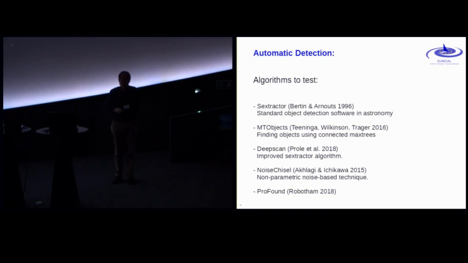It's an algorithm where they have several thresholds, and they use all the thresholds to find objects, so they're a bit better than SExtractor. They have DeepScan, which goes and basically improves the algorithm of SExtractor. NoiseChisel is a genetic algorithm that also tries to find faint objects. It is actually now available in GNU Astro, quite successful. And then there's ProFound, which is coming from the GAMA collaboration. So you see from the years that this field is really popular and moving and taking off.